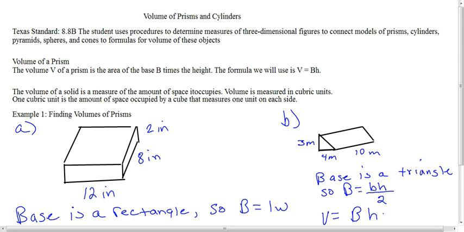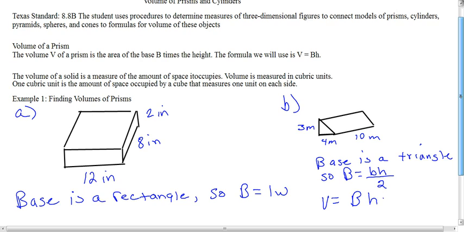So 1 cubic unit is the amount of space occupied by a cube that measures 1 unit on each side. So in order to find the volume of a prism, we need to understand that we're looking at the base, that particular big B, the area of the base times the particular height.